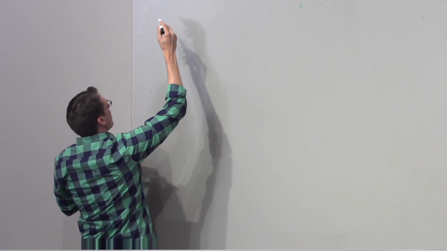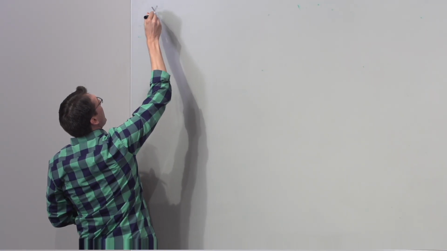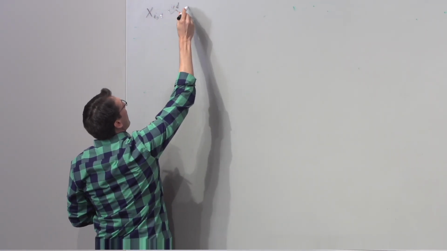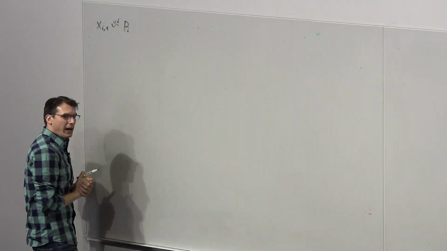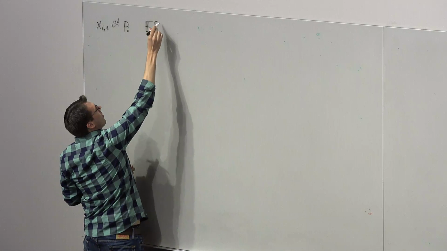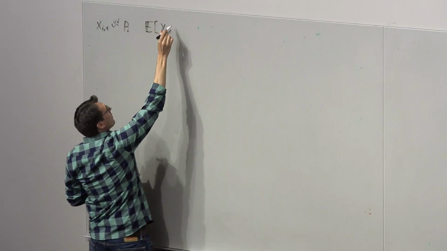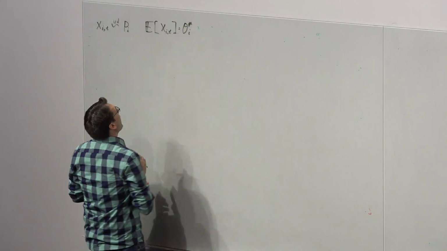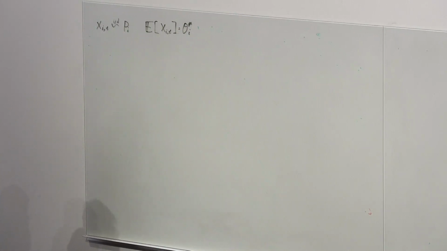From each arm, we had that x_it was iid from this distribution pi, and the expected value of x_it was equal to theta star i, for all t.